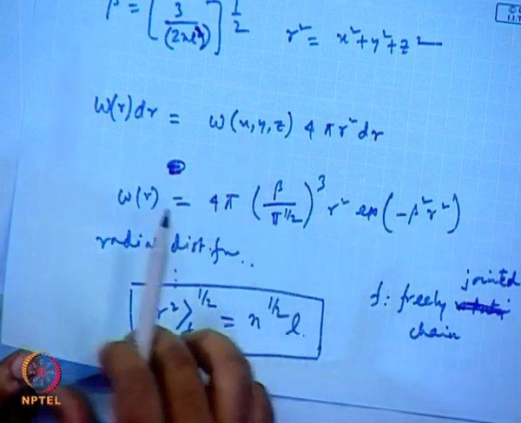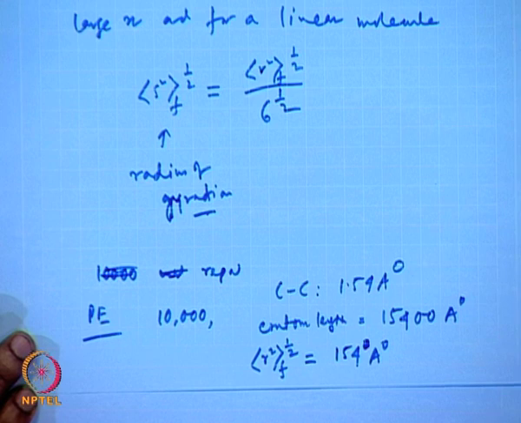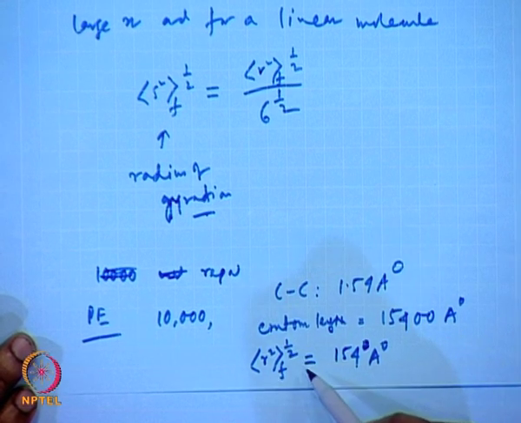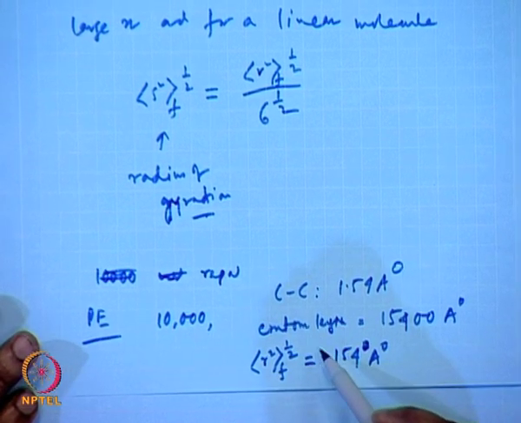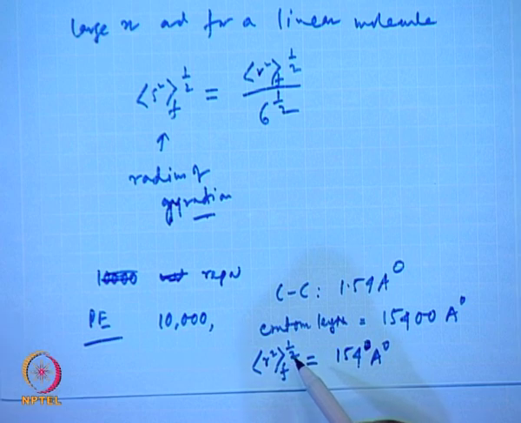Because there are 10,000 units, n is 10,000, you are getting a 100 times lower value of the RMS end to end distance.